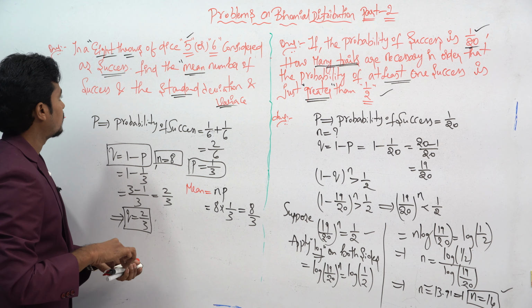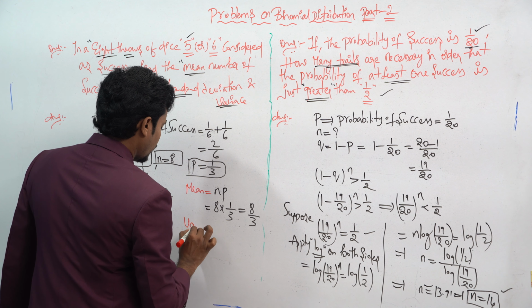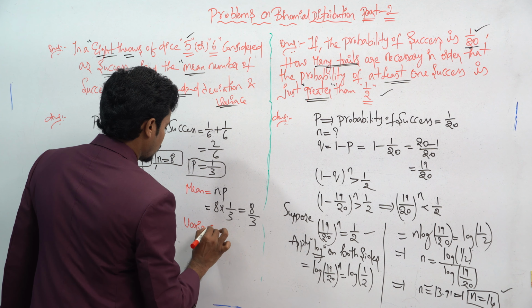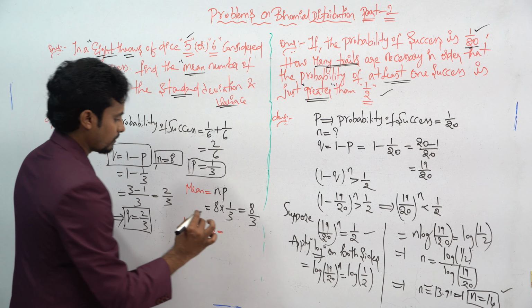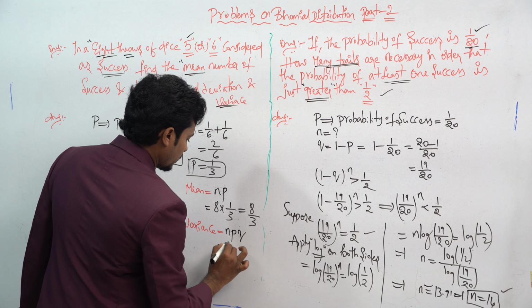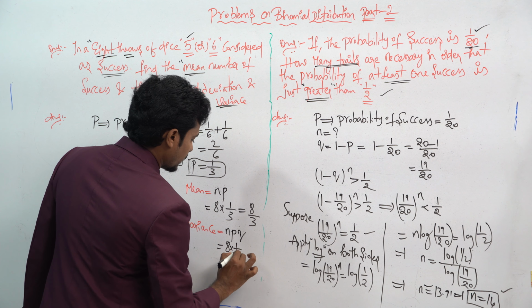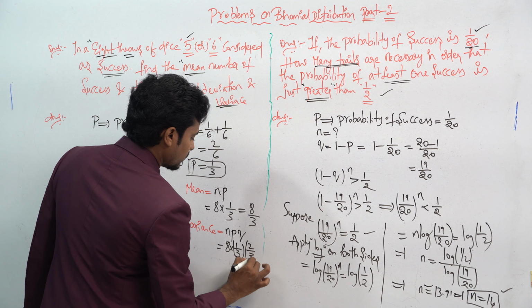In the next case, the variance. The formula for the variance is npq. So 8 times 1/3 times q, which is 2/3.